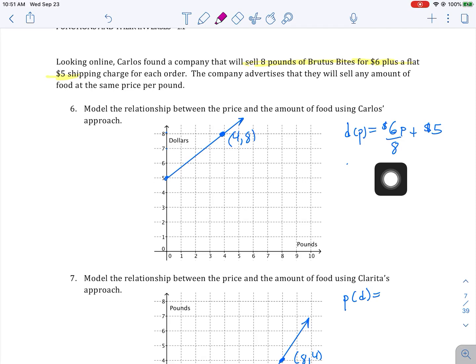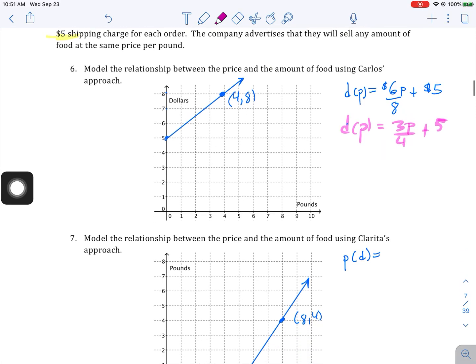Change in y over change in x. So your equation is 6/8, and we might as well make this 3/4 plus 5, right? And that matches here because the slope is up 3 and over 4. 4/8 is on the graph.